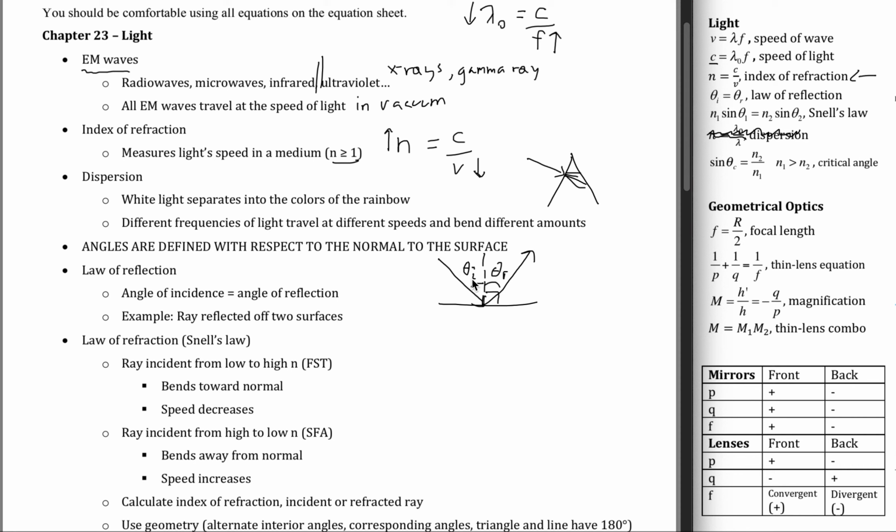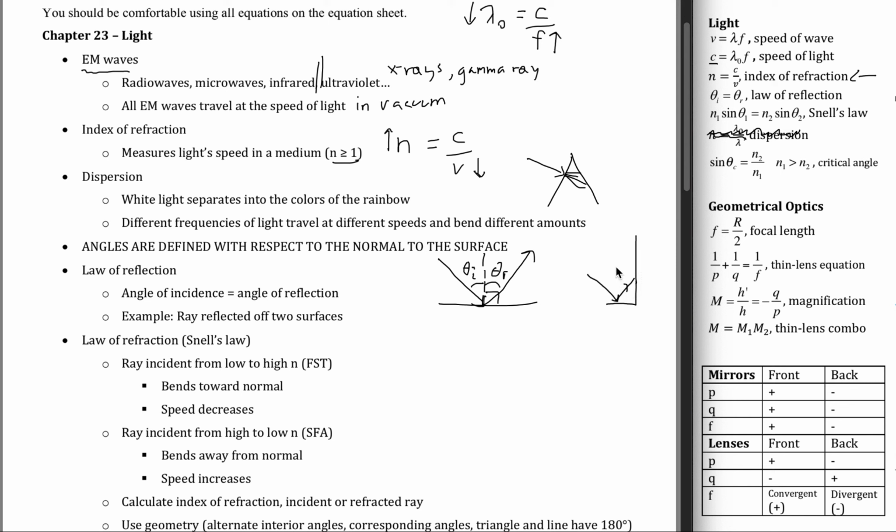So you should be able to visualize that and do that as well if we have a ray reflected off two surfaces. So for example, if you have two surfaces, let's say that they're at a 90-degree angle, then if you have a ray going this way, then it's going to be reflected at the same angle.